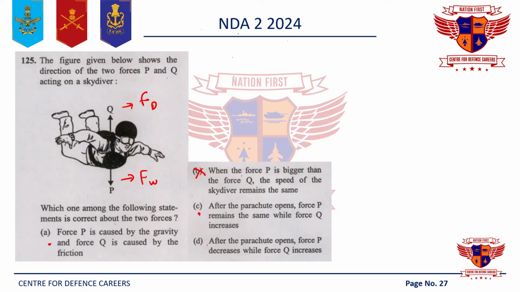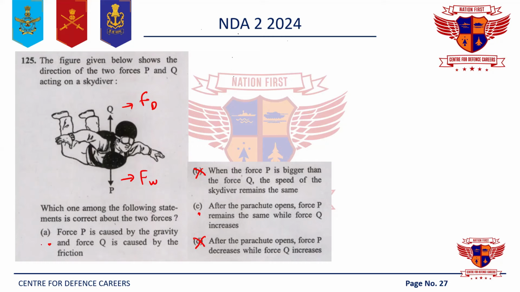Let's look at option D. After the parachute opens, force P decreases while force Q increases. As I have mentioned, force P, that is the force because of weight, cannot be changed. So this option is also eliminated. Now, which among A and C will be correct? This question is ambiguous. It does not have enough clarity to come to the correct answer.